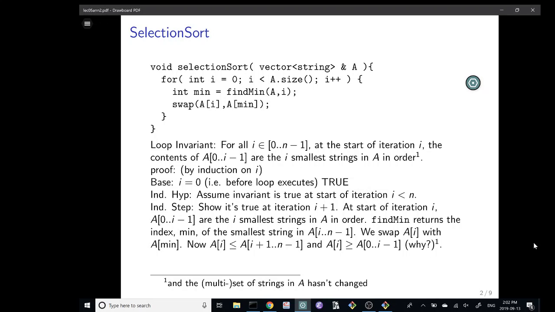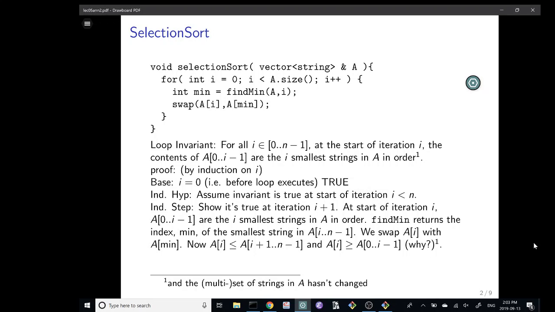It found the smallest thing in the array from position I onward. And what selection sort did was it took the result of find min and swapped the array location I with the array location min in order to put things in order for that particular iteration, for the ith iteration.